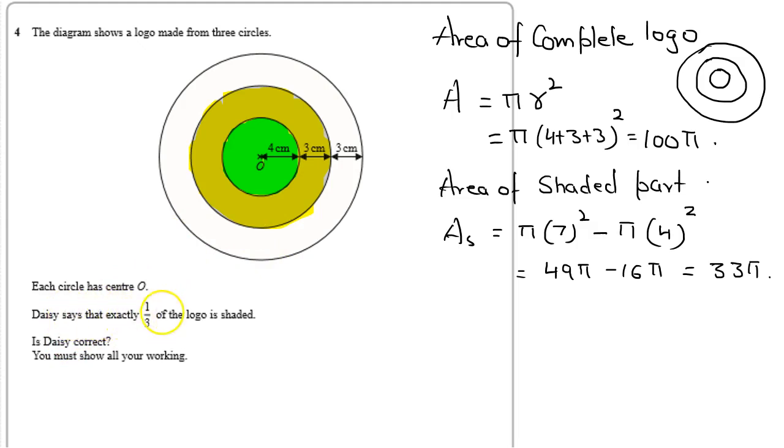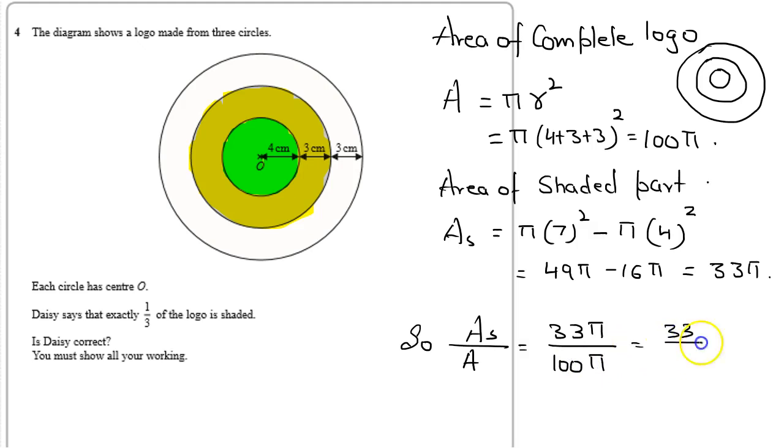Now Daisy says exactly 1/3 of the logo is shaded. So the small area over bigger area is, small area is 33 pi and the bigger area is 100 pi.